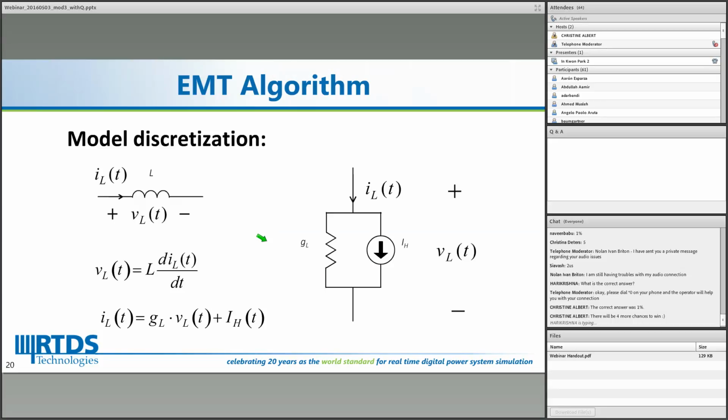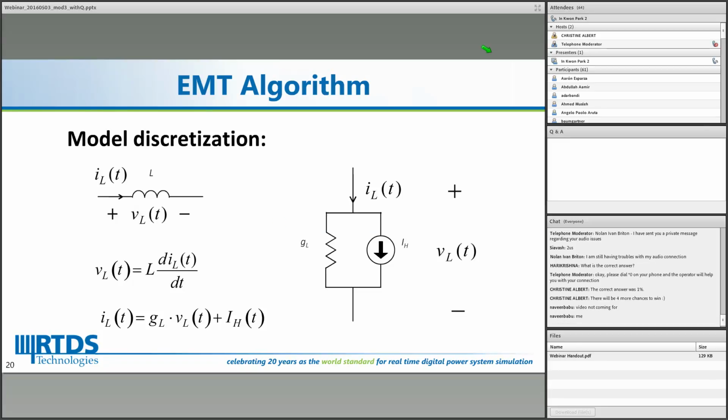In the EMT algorithm, we can solve a circuit like the one in the previous slide in a very systematic approach. The very first step we need to take is the model discretization. Model discretization means that many of the components, such as inductors and capacitors, can be described as a set of differential equations.